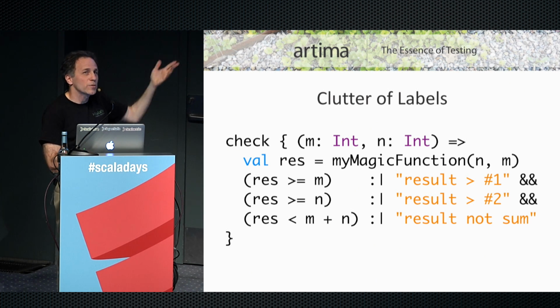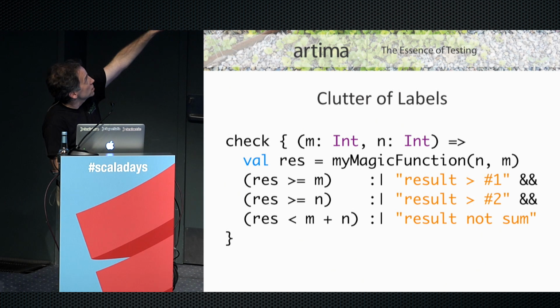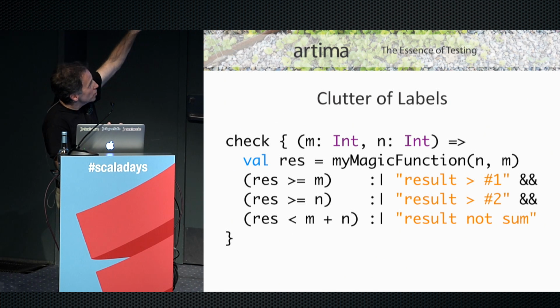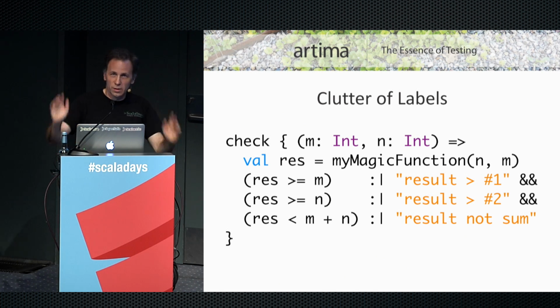You can label parts of the Boolean expression. So I can say, well, if this first part is the part that causes the expression to fail after you AND it with the next one, then there will be an error message, result greater than number 1, right? He's just labeling the pieces, and which part causes the thing to fail will show up in the output.